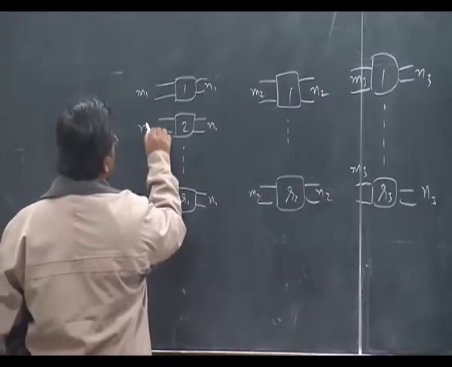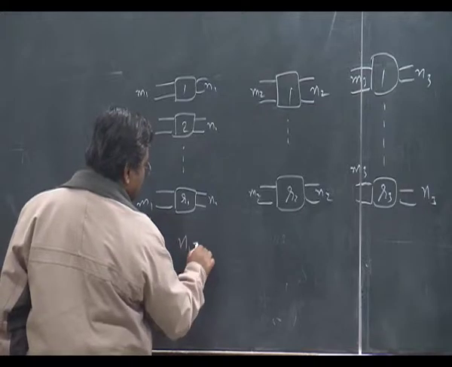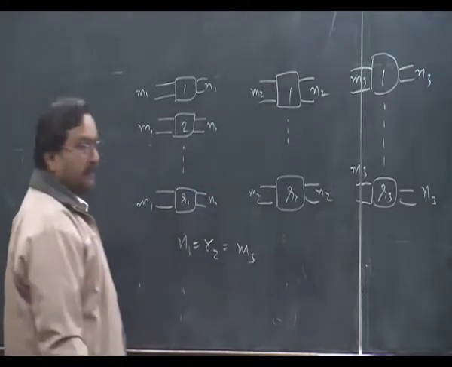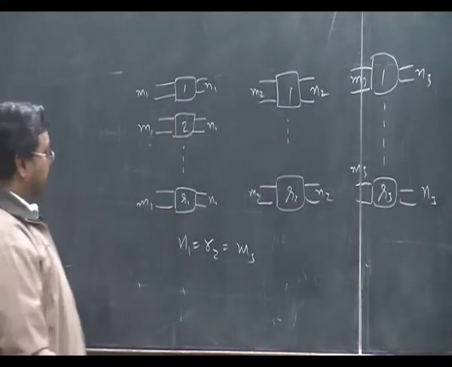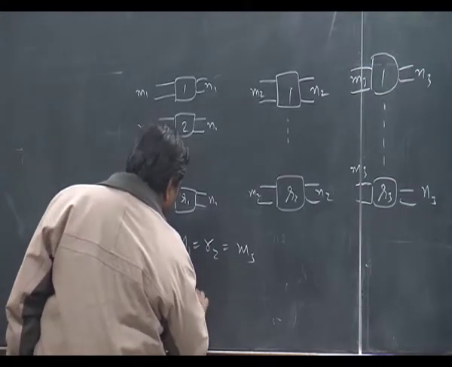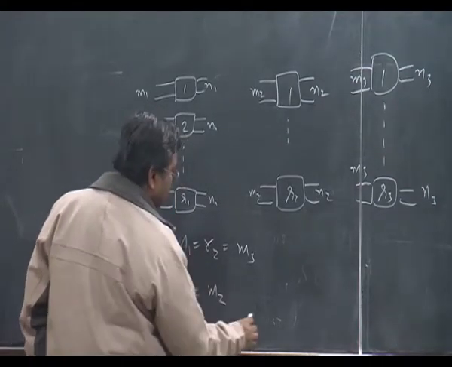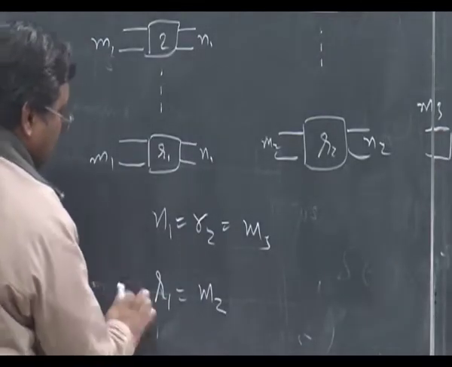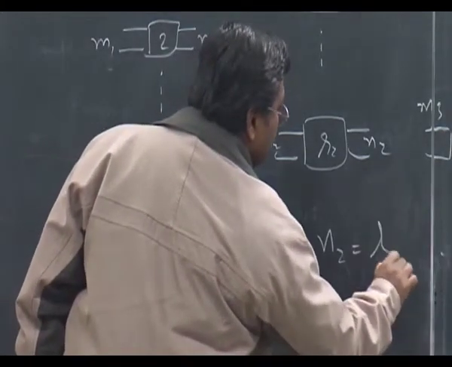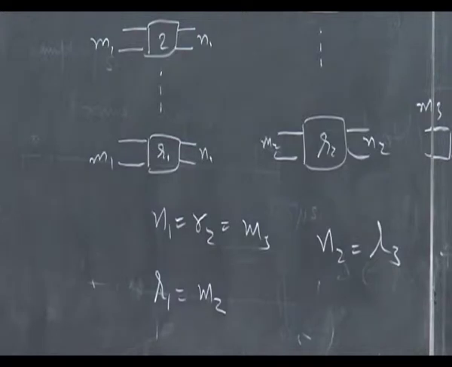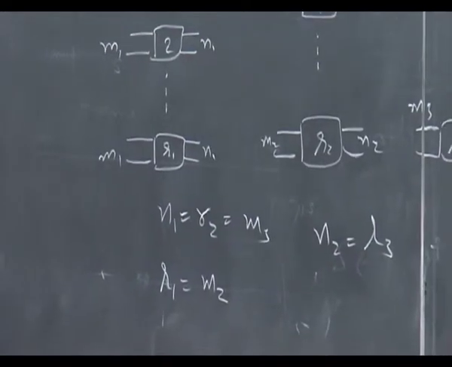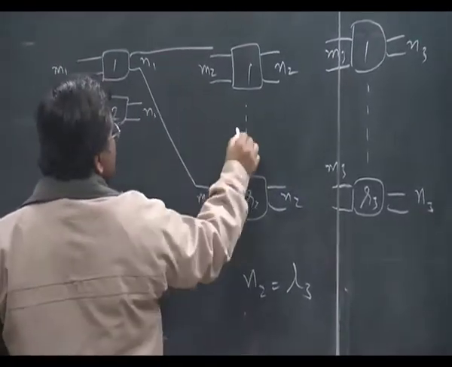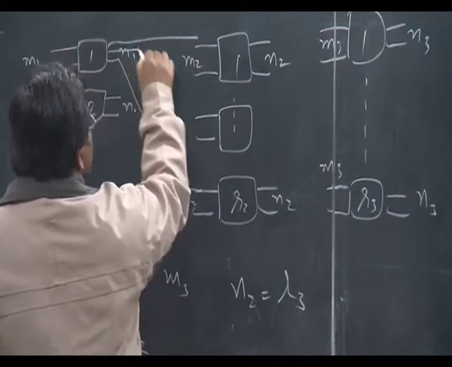We also had the condition that N1 is equal to R2 is equal to M3, and R1 is equal to M2, this is 1, and N2 is equal to R3. That is what we had done. So that is why this guy can connect to each one of the switches. If there is some middle stage 1, it will connect to here.